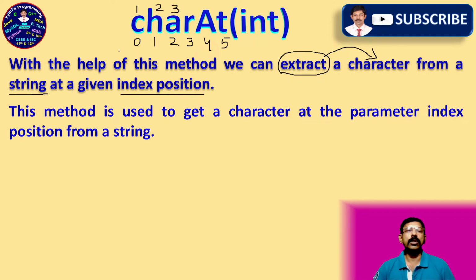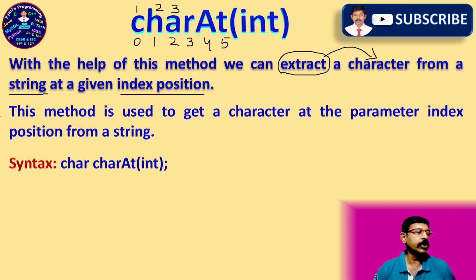Okay, this method is used to get a character at a parameter index position from a string. From the definition, a few candidates have already given the answer. Akars, yes, got it. This method helps us to accept a character from a given position by the user.